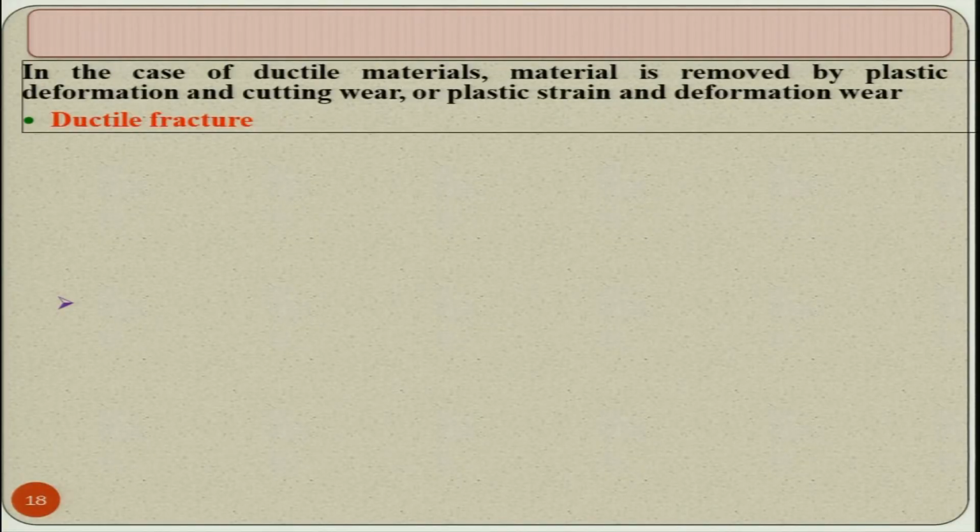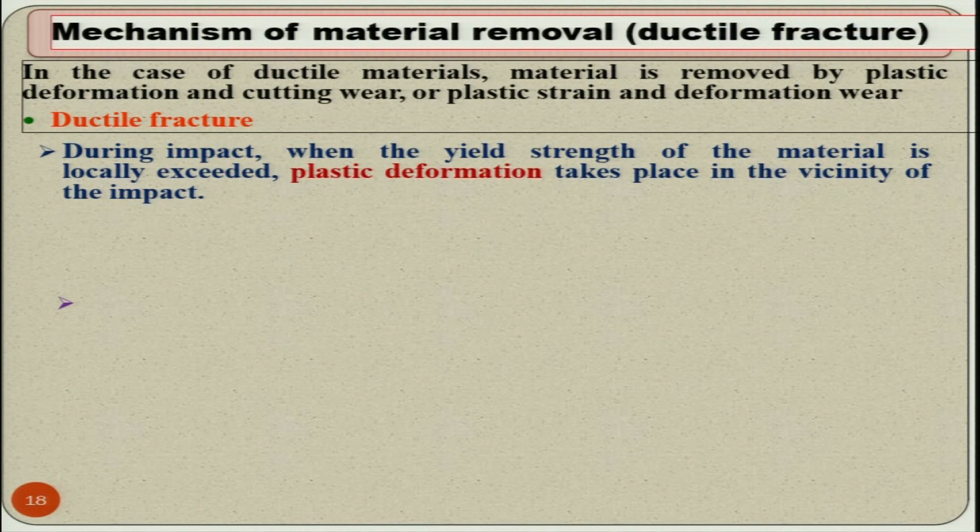In the case of ductile materials, material is removed by plastic deformation and cutting wear, or plastic strain and deformation wear. During impact, when the yield strength of the material is locally exceeded, plastic deformation takes place in the vicinity of the impact.